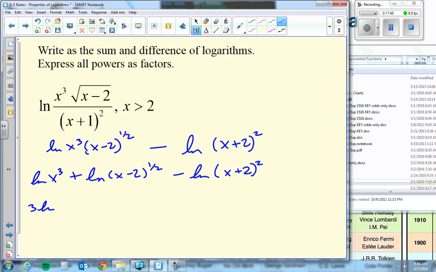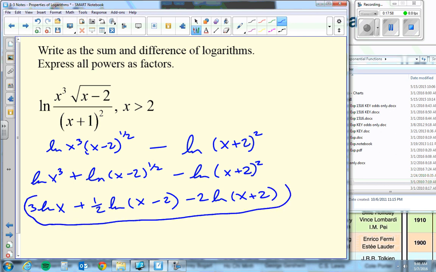It's 3 natural log of x plus 1/2 natural log of x minus 2 with parentheses around it, minus 2 natural log of x plus 2. That one's not too bad. Maybe because we had a product, but the product was in the numerator, so that wasn't too messy.